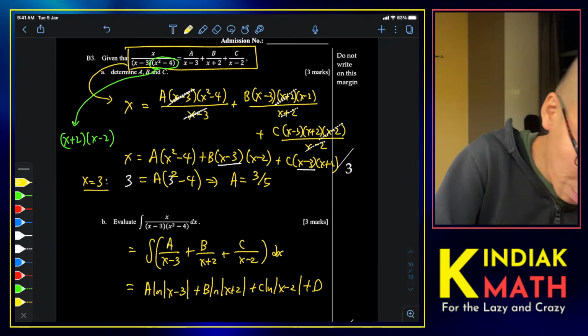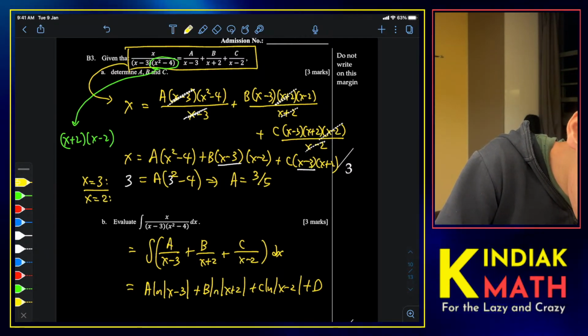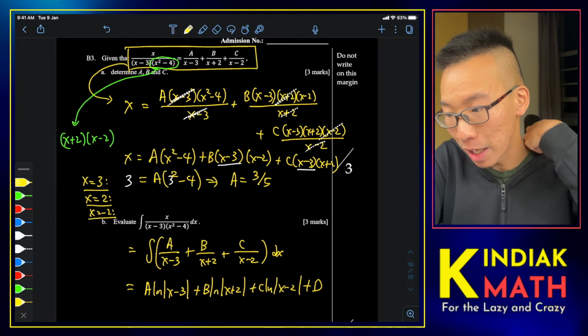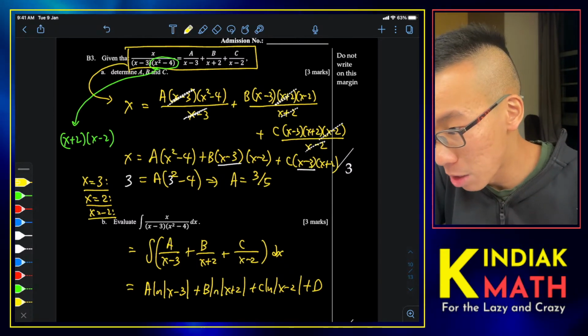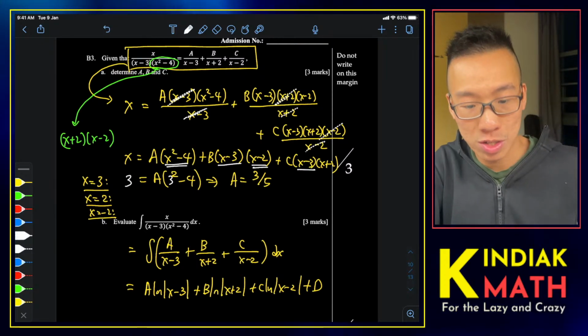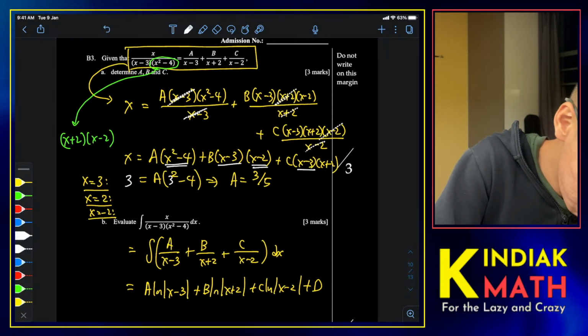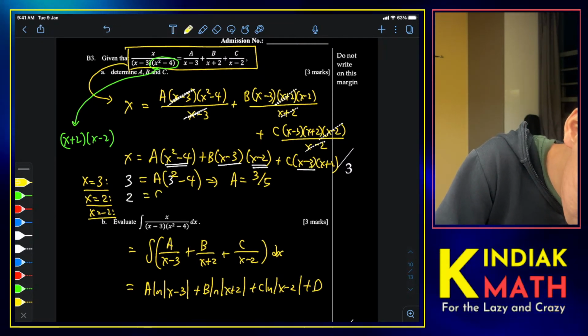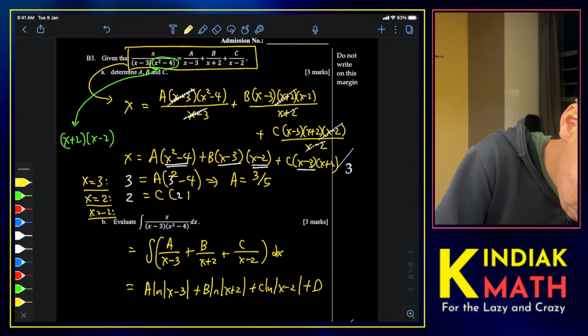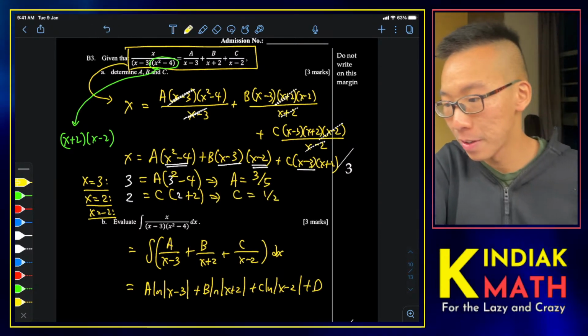Now, likewise, x equals 2 and x equals minus 2 would give similar kinds of results. For x equals 2, these guys are going to go to 0, which means that we're left with the c term. So 2 has to equal c times 2 plus 2. This means c equals 1/2.